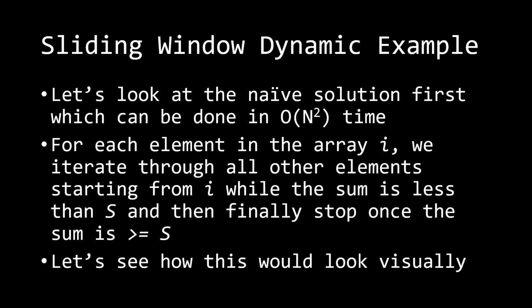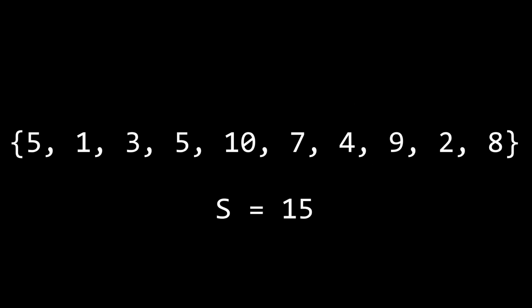Okay, so let's look at how this might look visually. Let's say I had the elements 5, 1, 3, 5, 10, 7, 4, 9, 2, and then 8, and let's say my s was equal to 15. So I want to find the smallest subarray size such that the sum is greater than or equal to 15.